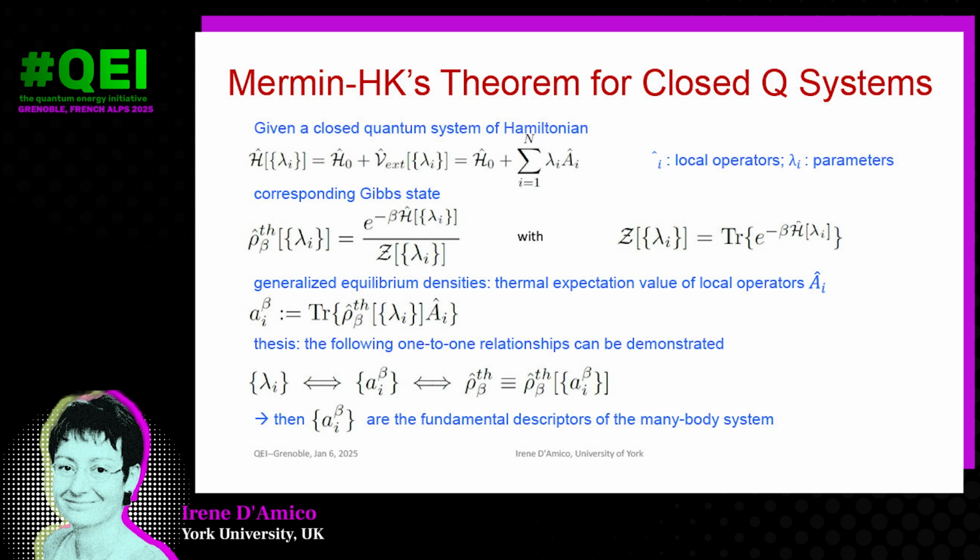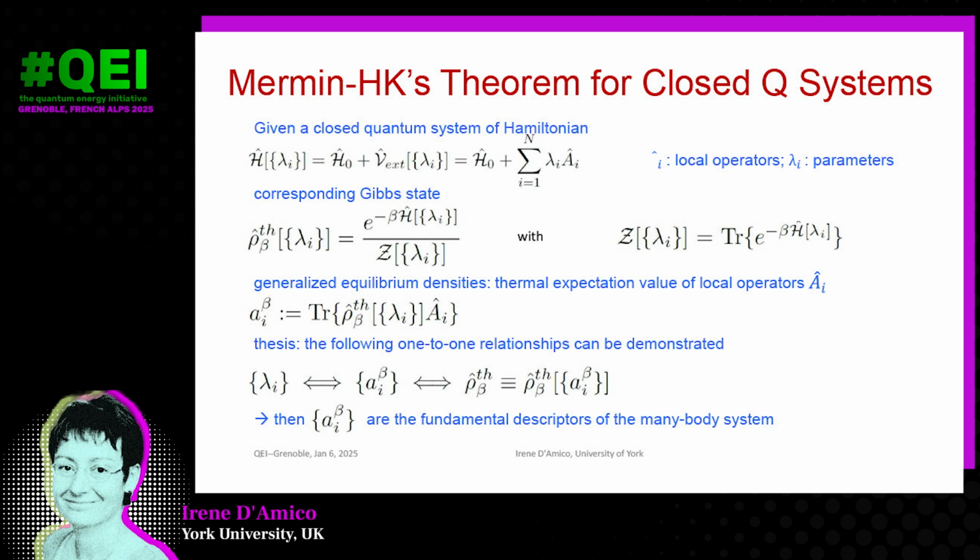And what the theorem demonstrates is that the set of parameters λ_i uniquely defines the set of local densities, a_i(β), and these uniquely define the thermal state, the equilibrium thermal state of the system.